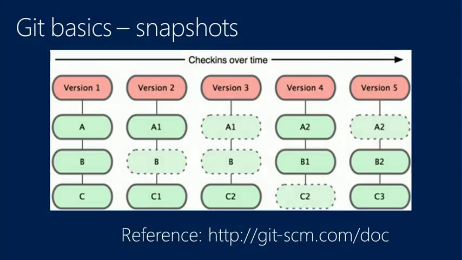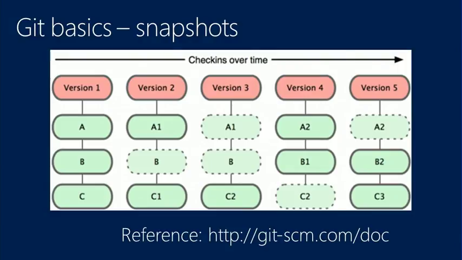And the reason it does this is that it comes back to the way that it stores its data. So we've talked about the concept of a commit. And a commit is effectively a collection of changes that you've made and some metadata to describe those changes. So you've got the commit message, you've got a timestamp, you've got the user that made the changes. And the commit itself is made up of a series of files.